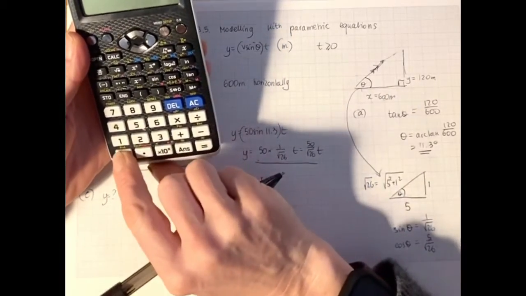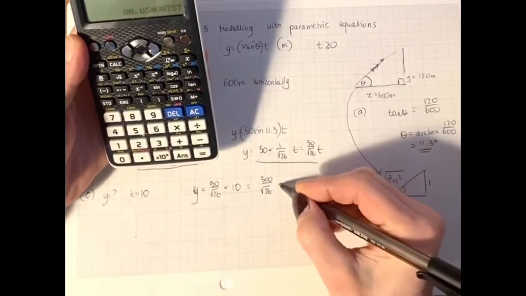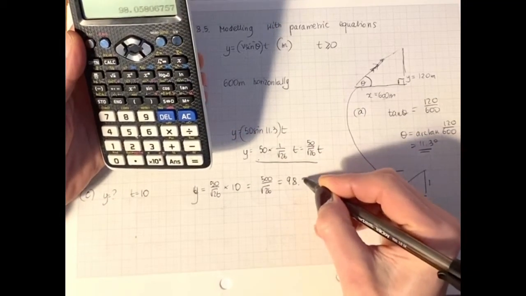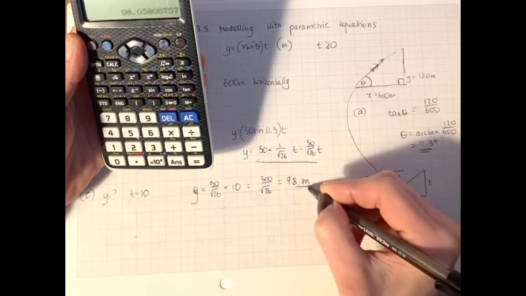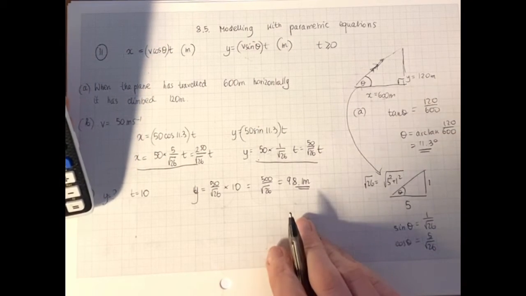So it's 500 divided by root 26. That gives me 98.1 meters. That was part C.